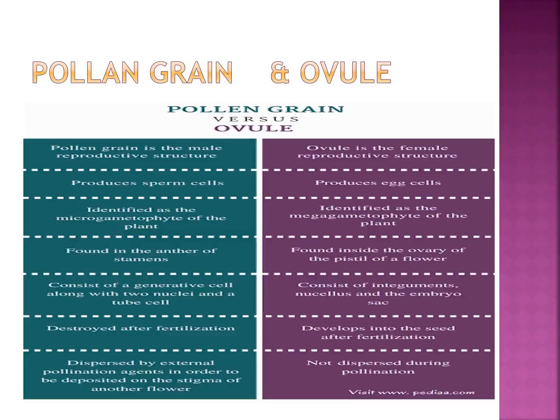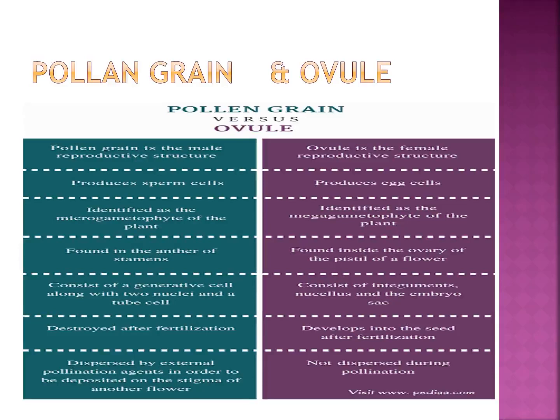What is the difference between pollen grain and ovule? What is the main difference? The pollen grain is the male reproductive structure and the ovule is the female reproductive structure. In plants, one produces sperm cells and the other produces egg cells. They identify the microgametophyte of the plant.